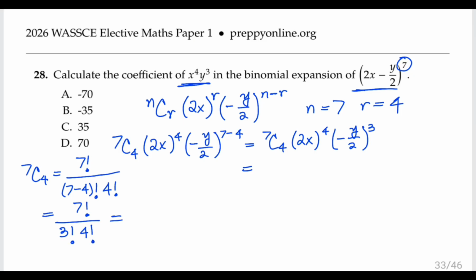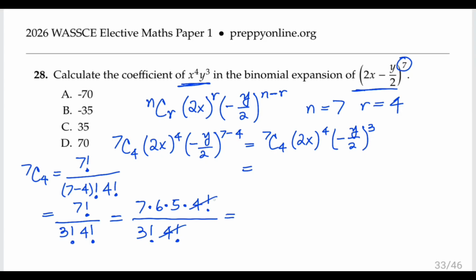We can write this as 7 times 6 times 5 times 4 factorial over 3 factorial times 4 factorial. When you simplify, the 4 factorial cancels.